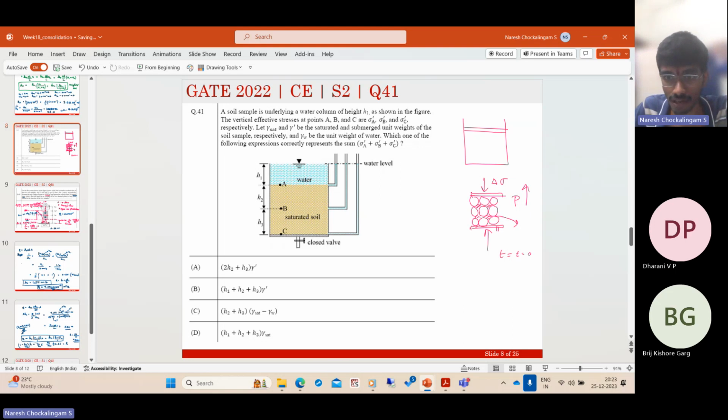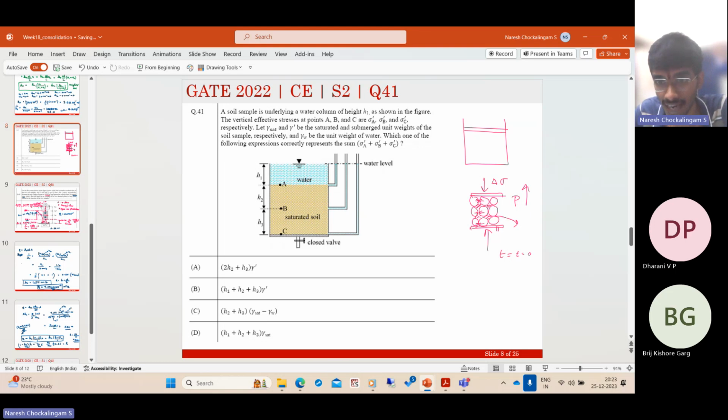As the water moves out, the forces between the soil particles will start increasing because water has moved out. The soil particles will start pressing against each other with a greater force, and therefore the force will be transferred by the deformation of soil particles. So that is the idea.